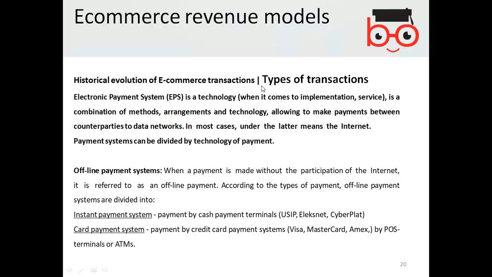Now, transactions. We talk about how e-commerce transactions came into existence. Let us talk about the types of transactions. An electronic payment system, when it comes to implementation, is a technology and service that is a combination of methods, arrangements, and technology allowing counterparties to make payments over data networks, in most cases meaning the internet.